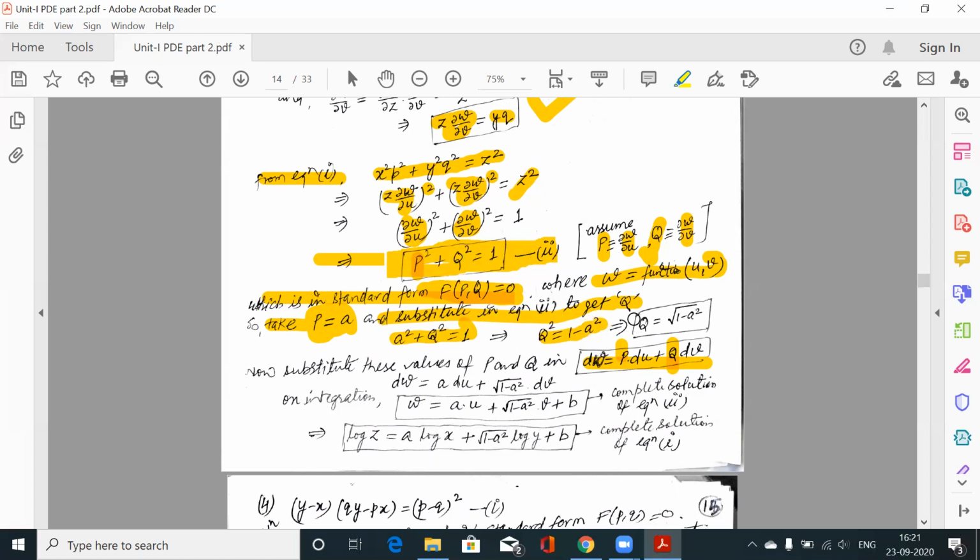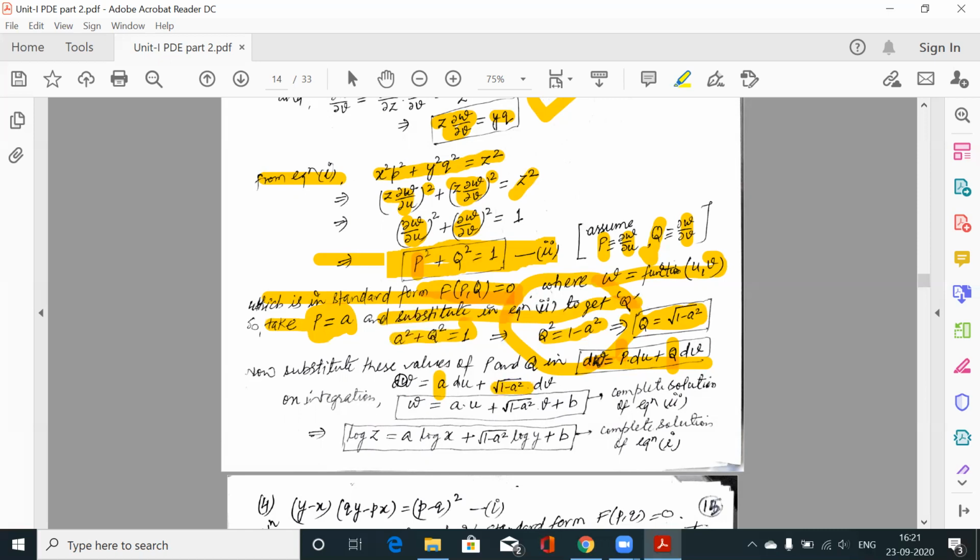So Q is square root of 1 minus a square. So these values we have to substitute in dw is equal to P du plus Q dv: capital P is a and capital Q is square root of 1 minus a square.